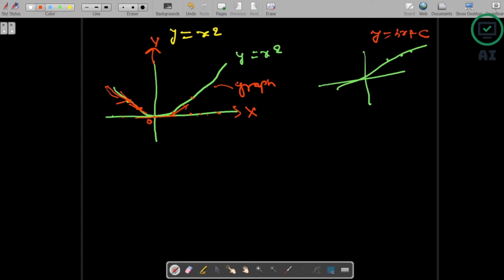So let's take 2 points in this graph. This is 1 point and this is another point.